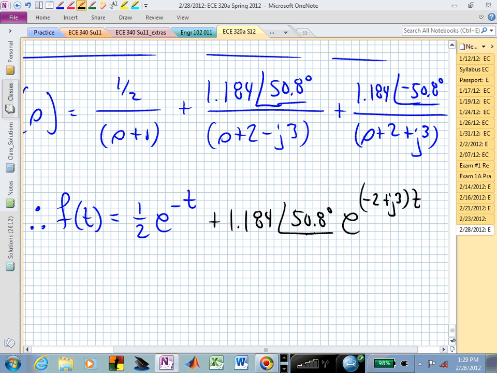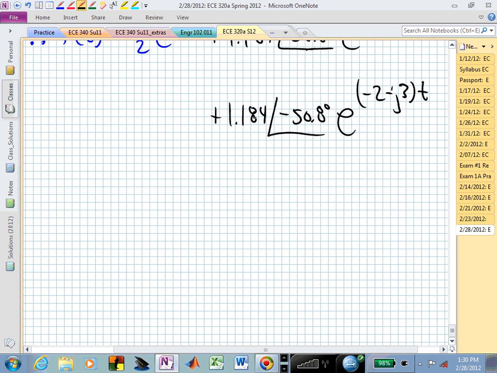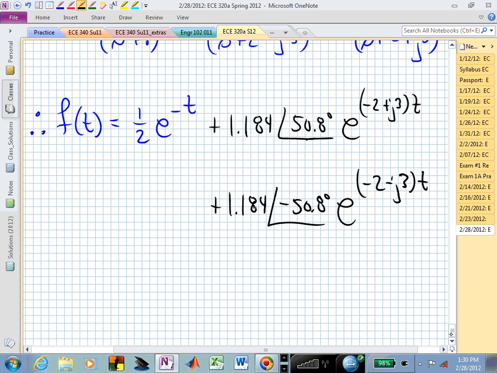And now we have the other piece, which is plus 1.184 at an angle of minus 50.8 degrees, e to the -2 minus j3 t. Questions on that so far? That's really not looking like a sine and a cosine, is it?